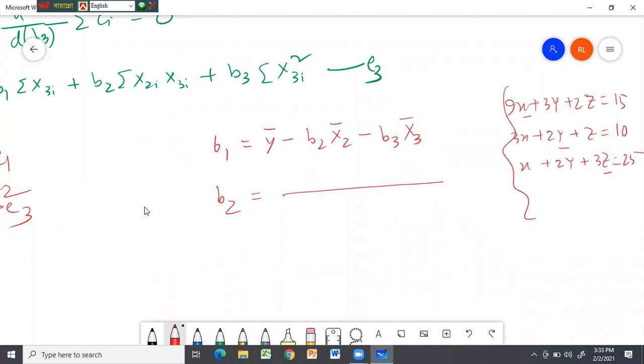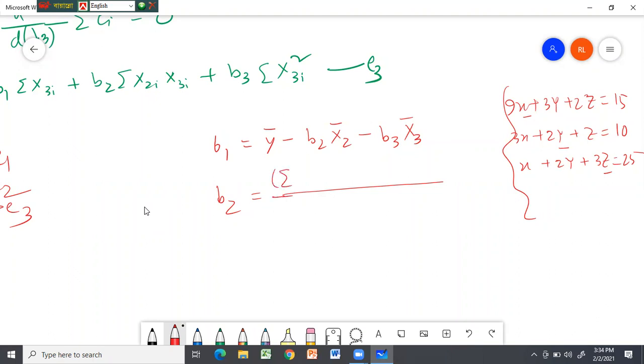Similarly, from the 3 equations we have just developed, they have also estimated the value of b1, b2, and b3. So their b1 is equal to y bar minus b2 x2 bar minus b3 x3 bar, just interchanging the first equation's left hand side and right hand side. They have found this. And after that, they have estimated the value of b2.